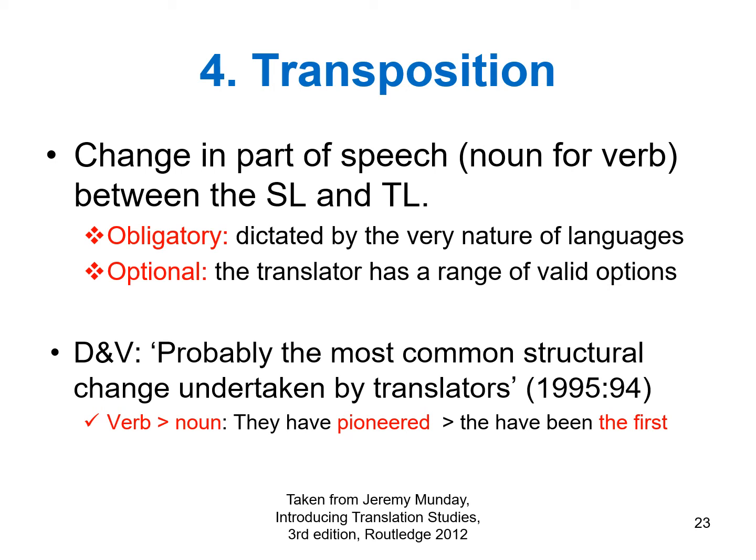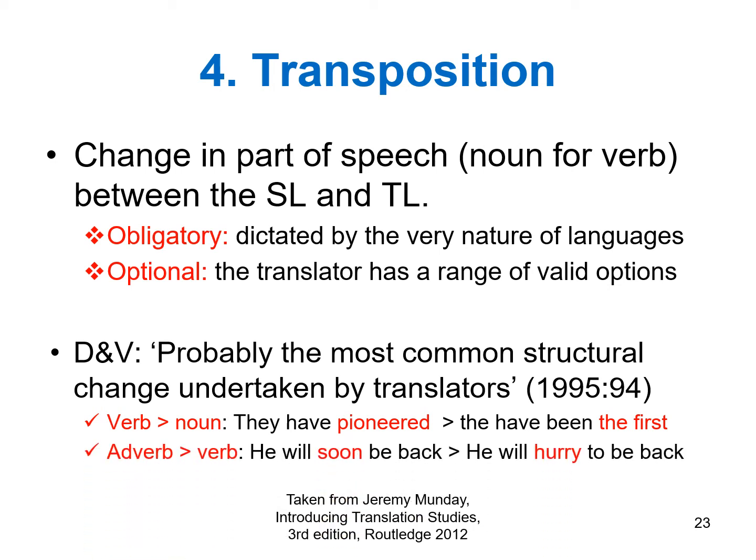They have pioneered. Imagine that we have in the source text, they have pioneered, han sido los primeros. As you can see, in this case we have the verb to pioneer, and we've changed that for the first, los primeros, with una nominalización. Or we can have an adverb, and we change the adverb for a verb. He will soon be back. Se dará prisa para volver, o para regresar.